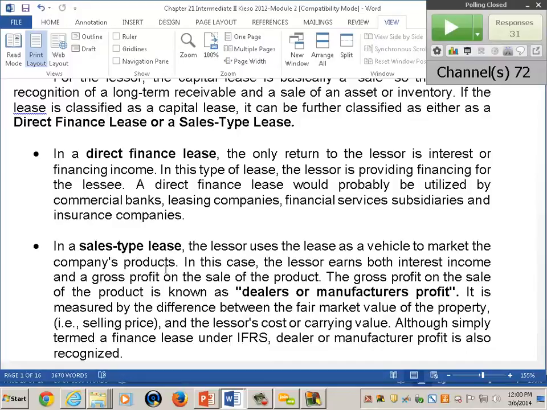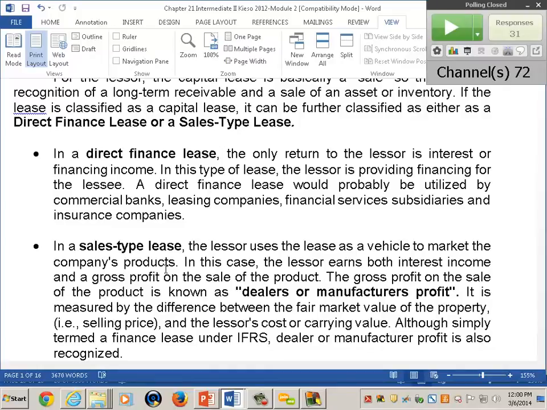So, Prudential buys a jet from Boeing, they pay market price. They don't mark it up. They don't have a gross profit on that. So the only return to the lessor is interest revenue.